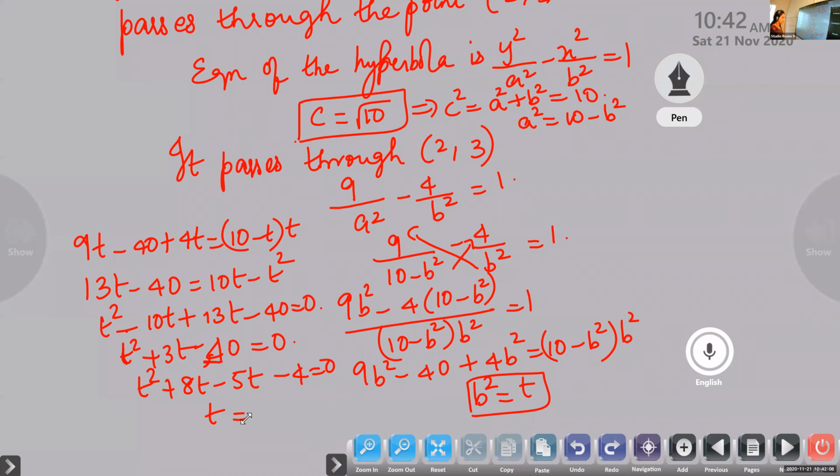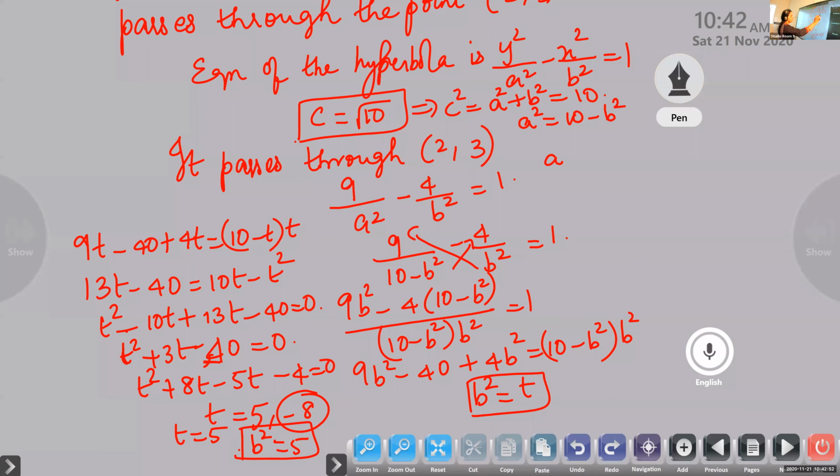So what are the values of t here? Atul, what is the value of t? 5. Two values you will get, isn't it? What is the other value? Minus 8. So t is equal to minus 8 is not possible. So t is equal to 5. T means b square is 5. So if b square is 5, find out what is correspondingly a square, and from there you write the equation.